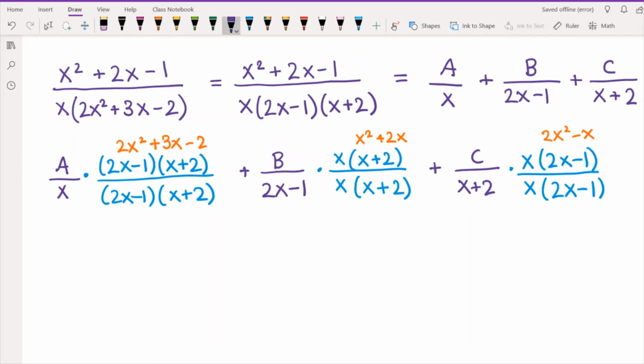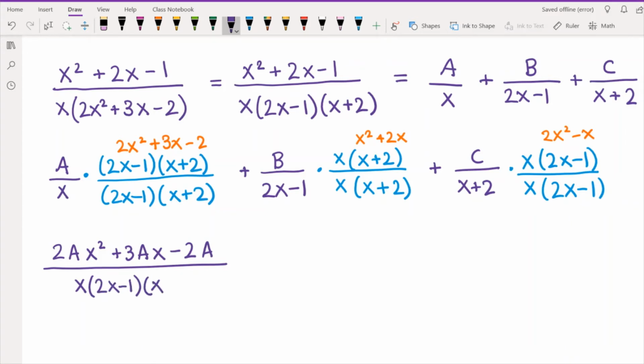All right, so once we do that multiplication in the numerator for the first one, we'll get 2Ax squared plus 3Ax minus 2A over this new denominator. And then for the second one, we'll get Bx squared plus 2Bx over the new denominator.